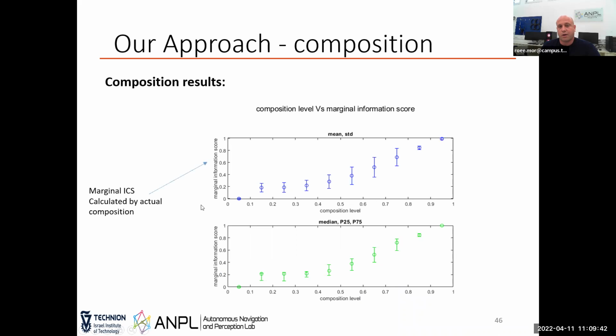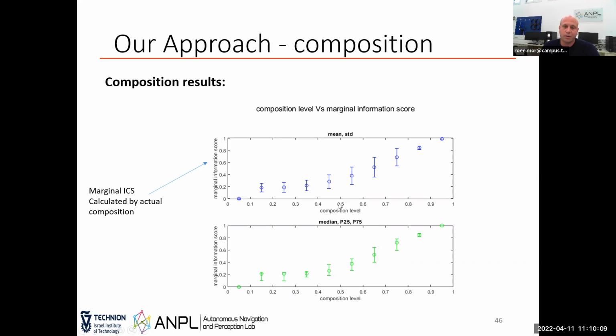Okay, so what we got eventually is that you can see here on the x-axis the composition level. It actually means where a node is located in the graph, how far it is from the actual measurements we made, how many factors you have to go through to propagate this information to this node.